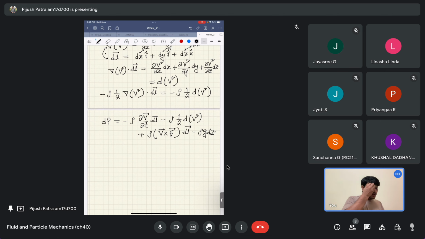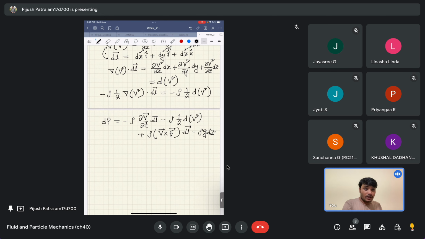Great. So this particular equation is a simplified form of the Euler's equation, because I substituted dou p dou x, dou p dou y and dou p dou z from the Euler's equations itself. And this equation is basically the general form of the Bernoulli's equation. The Bernoulli's equation which we are familiar with is not the general form, it is a simplified form.